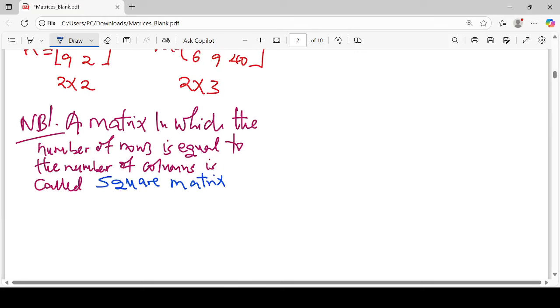As long as it has the same number of rows as columns, then that matrix qualifies to be called a square matrix.